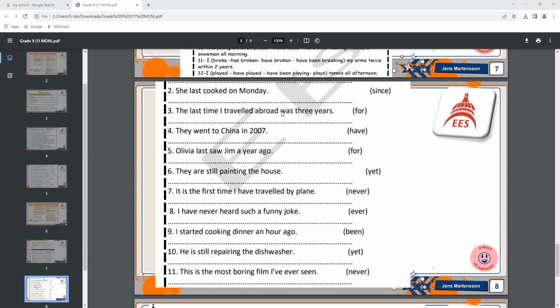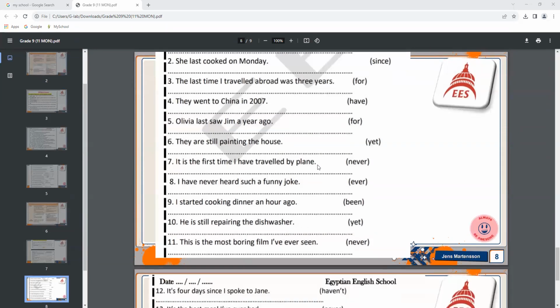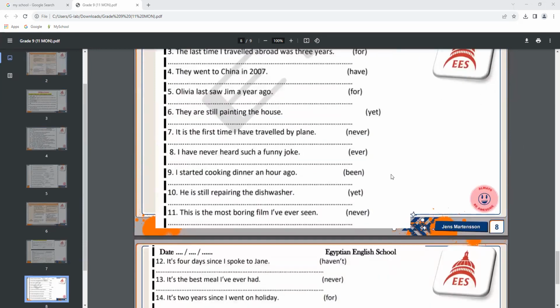So Olivia hasn't seen Jim for a year. Okay. Number 9. I started cooking dinner an hour ago. Past simple, use "been." So I can say I have been cooking for an hour.